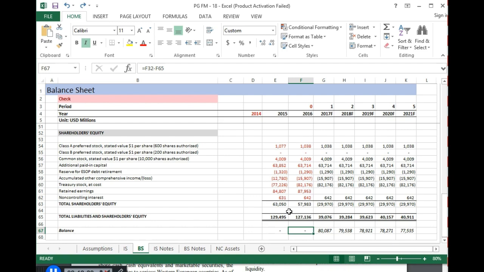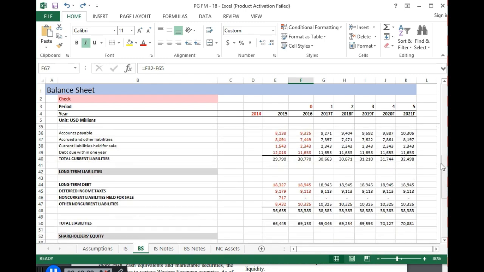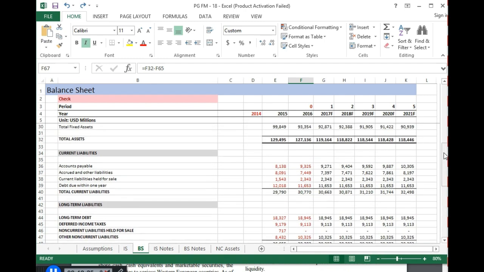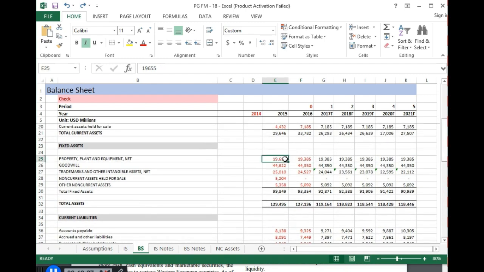So which means the balance sheet will not balance until and unless you have made the cash flow statement. Balance sheet will not complete until and unless you make the cash flow statement. So in the balance sheet, the key item left is property, plant and equipment, which we will do in the next class. And once we have done it, then we will move on to the cash flow statement.